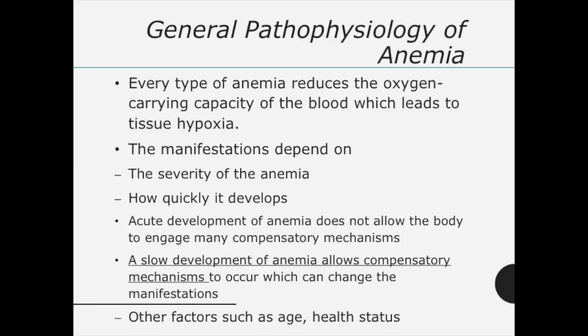So our body in those slow situations, in that chronic anemia, will have changes that will compensate, and that will change the way that you manifest with chronic anemia. Now, if it's an acute development of anemia, then your body doesn't have that chance to compensate, and the manifestations are going to be completely different.